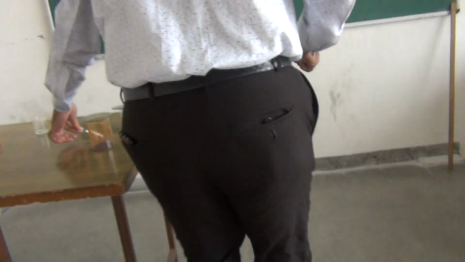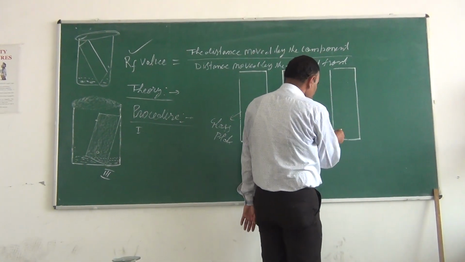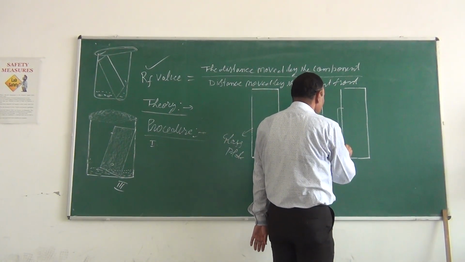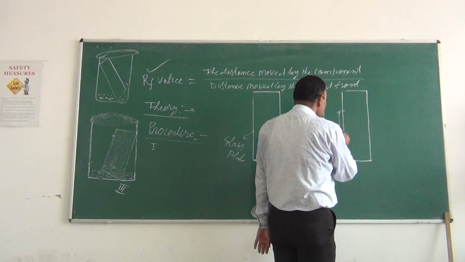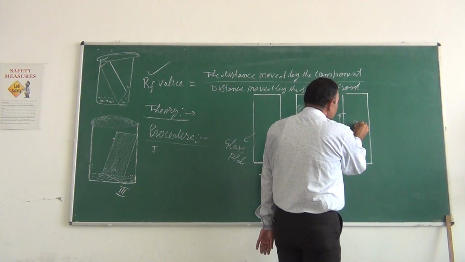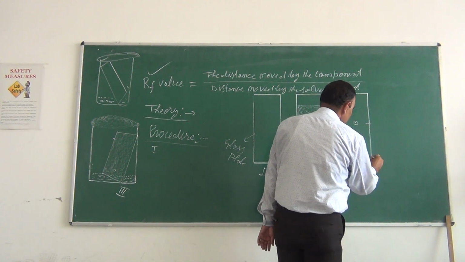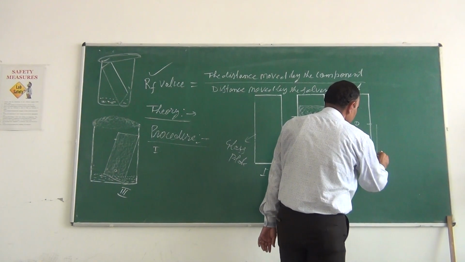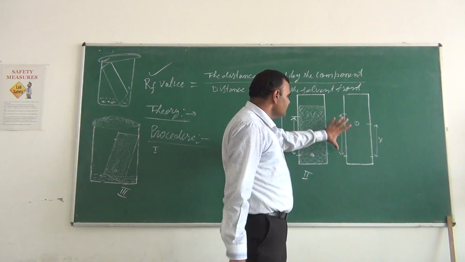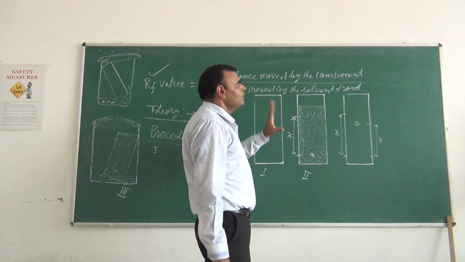This is the initial point, this is the point up to which the solvent has risen. This is distance x, and this is the distance up to which the spot has risen. This is the distance y. So measure distance x, measure distance y, and then put the values.